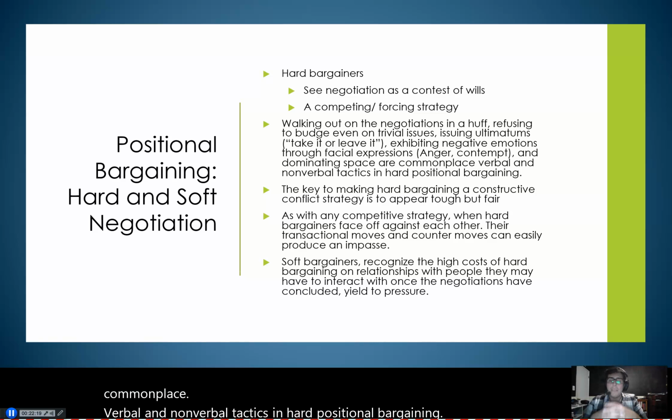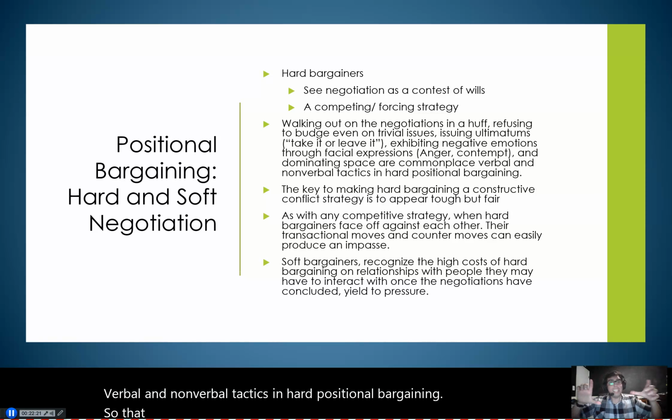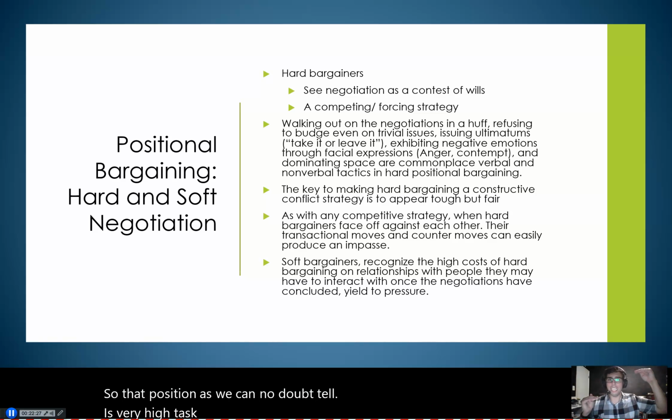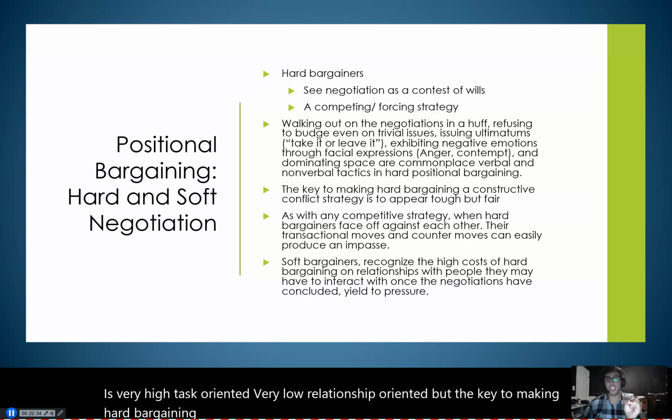So, that position, as we can no doubt tell, is very high task oriented, very low relationship oriented. But the key to making hard bargaining a constructive conflict strategy is to appear tough and fair, tough but fair.